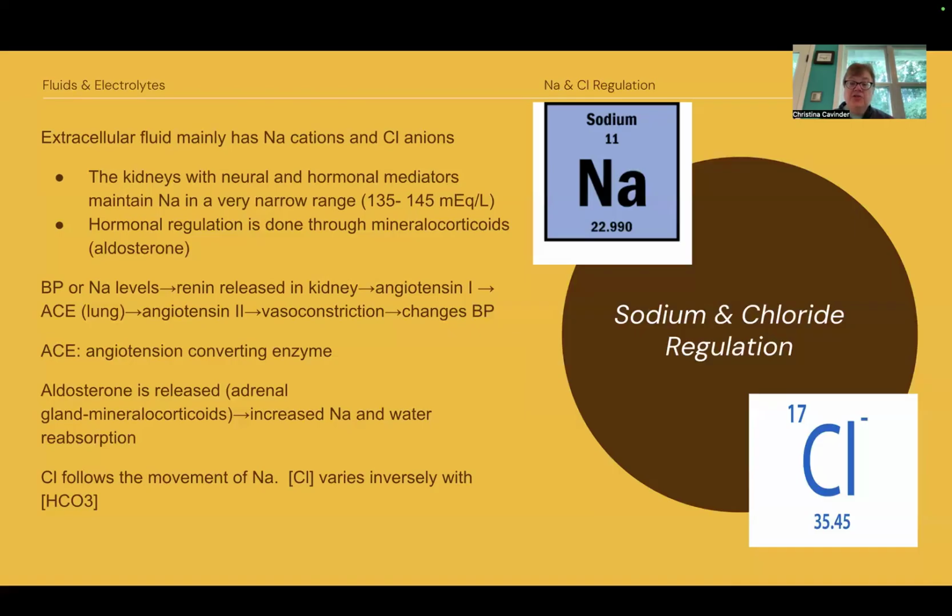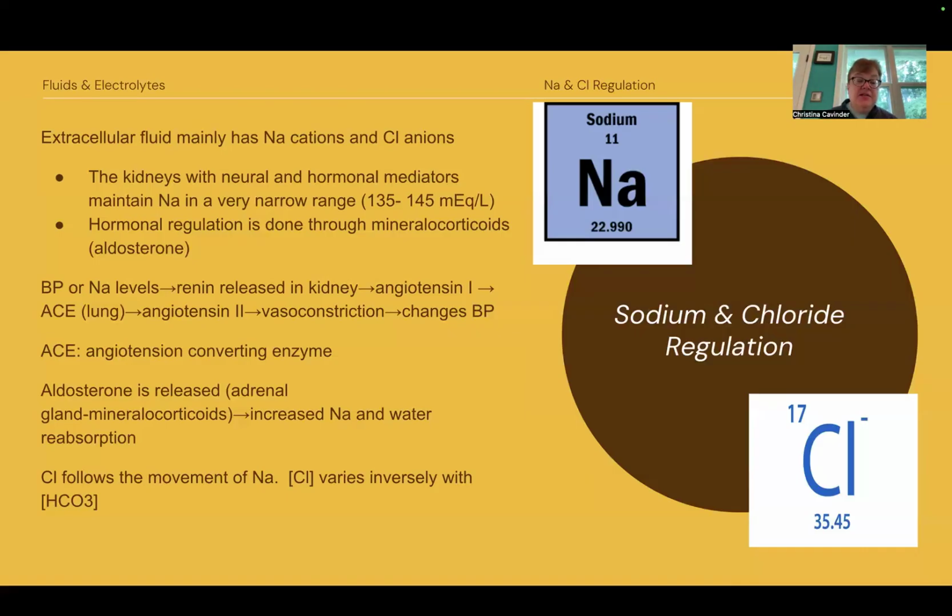This ACE or angiotensin converting enzyme is important to remember because we have ACE inhibitors as a medication. So what ACE inhibitors are doing is blocking the angiotensin 1 from converting into angiotensin 2, thereby decreasing your blood pressure. So that's what this medication is doing. It's decreasing your blood pressure by blocking the conversion of angiotensin 1 to angiotensin 2.